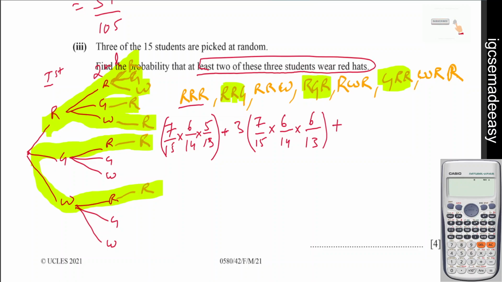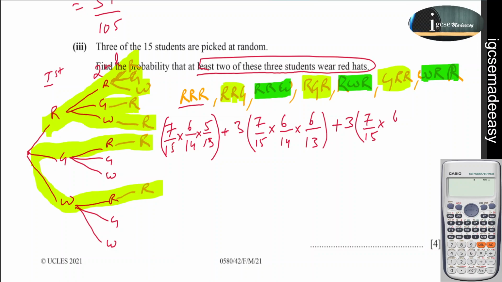Then the last case is RRW. See, RRW is here, RRW is here, RRW is here. So we can write it as 3 times RRW. R is 7 by 15. If we take R again, it will be 6 by 14.